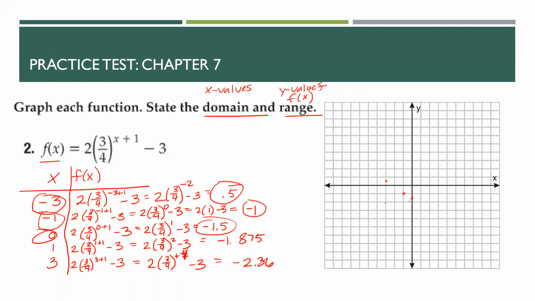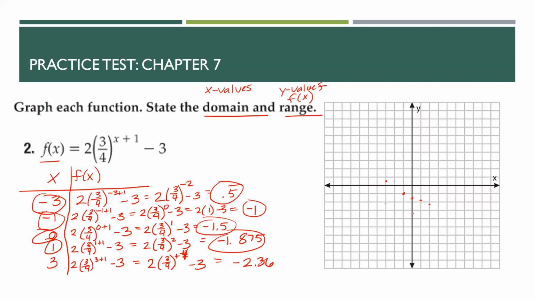And then when x is 1, it's going to be a little bit lower, -875,000. And then when x is 3, again, it's going to be a little bit lower again. Or it's actually going to be -2 and 36/100.